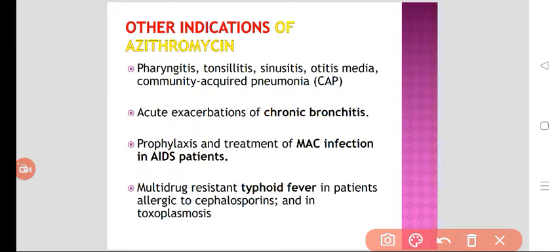So, it is a broad spectrum macrolide, and one of the most commonly used antimicrobial agents in clinical practice because it is a very safe drug.